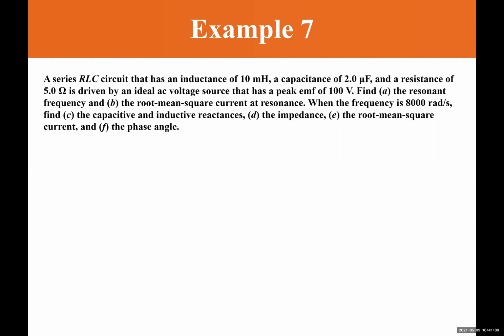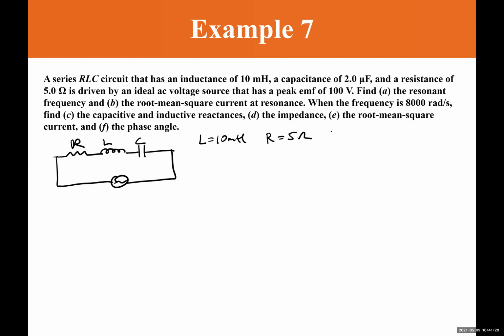All right, so we're now given an RLC circuit, the resistor, inductor, and capacitor, connected to a function generator. We pretty much have all their values: L is 10 millihenry, resistance is 5 ohms, and capacitance is 2 microfarad.